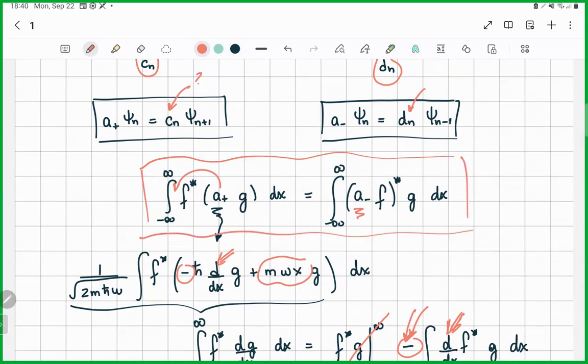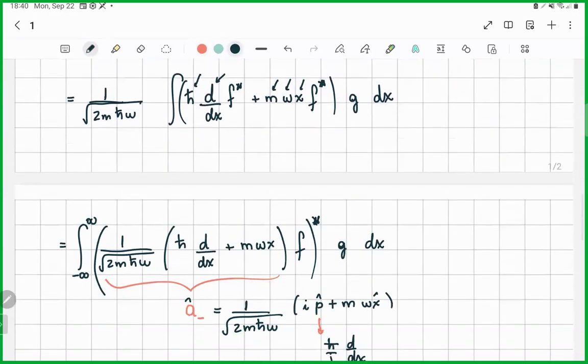The other relationship that you can prove on your own is equivalent to this one. I'm just going to write it, which is the following.